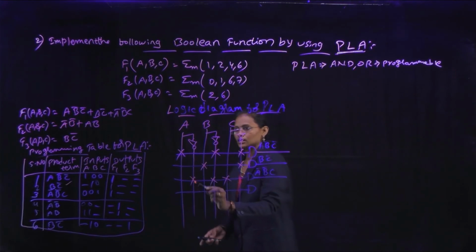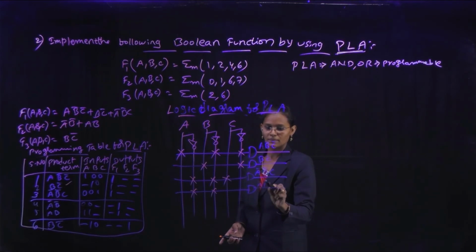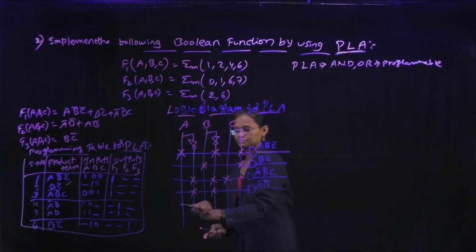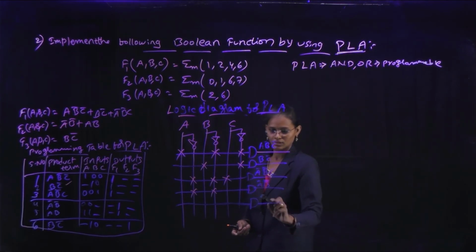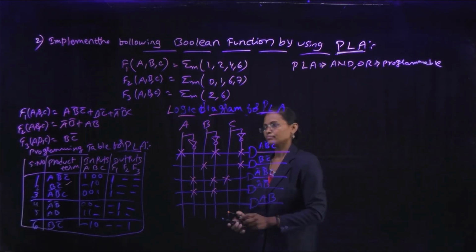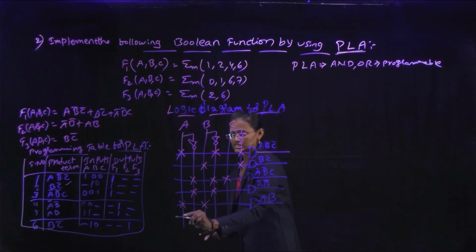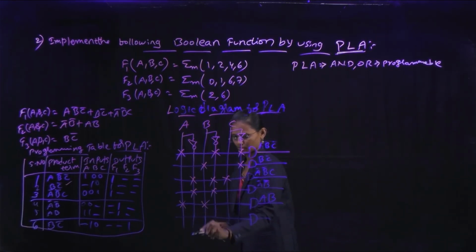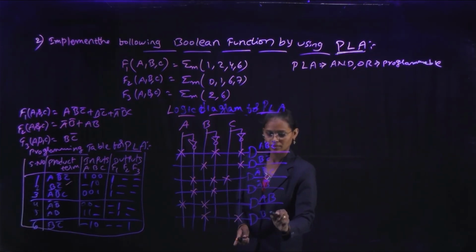This is A bar and B bar. And next, A B. This is A and this is B. And next, B C bar. This is B and this is C bar. Output is B C bar.